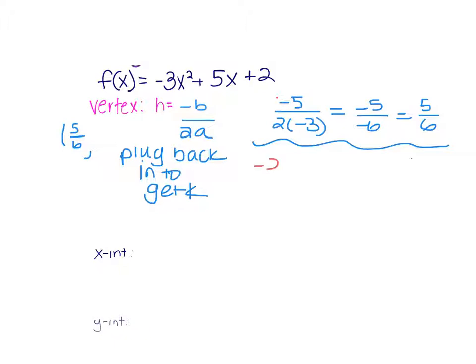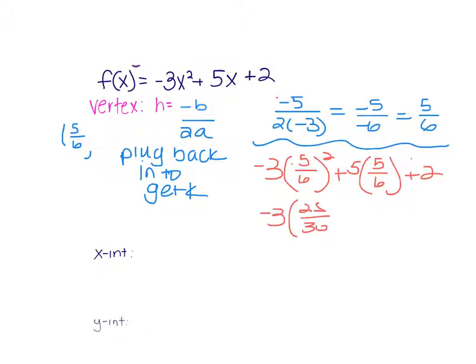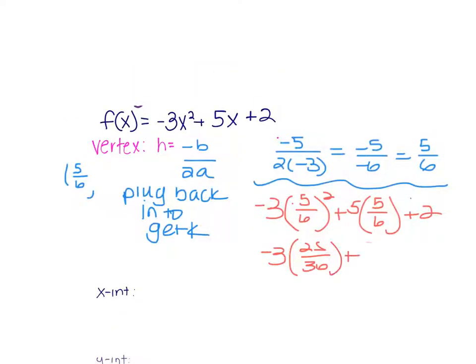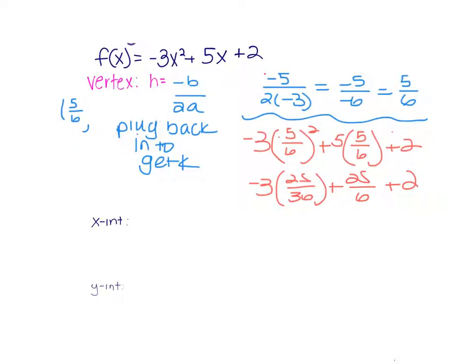So negative 3 times 5/6 squared plus 5 times 5/6 plus 2. And I get negative 3 times 25 over 36 plus 25 over 6 plus 2. This reduces to negative 25 over 12 plus 25 over 6 plus 2.